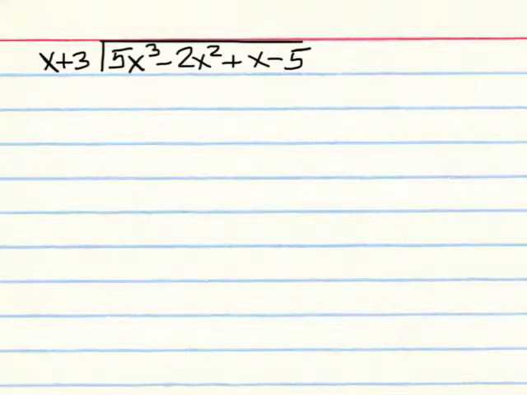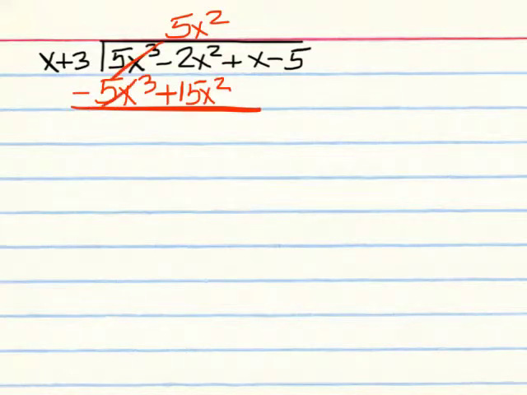Solution for the practice. What do I multiply x by to get 5x to the third? And that will be 5x squared. Multiply that by x plus 3 to get 5x to the third plus 15x to the second. Subtract, these cancel out, and negative 2 minus 15 is a negative 17, x squared.